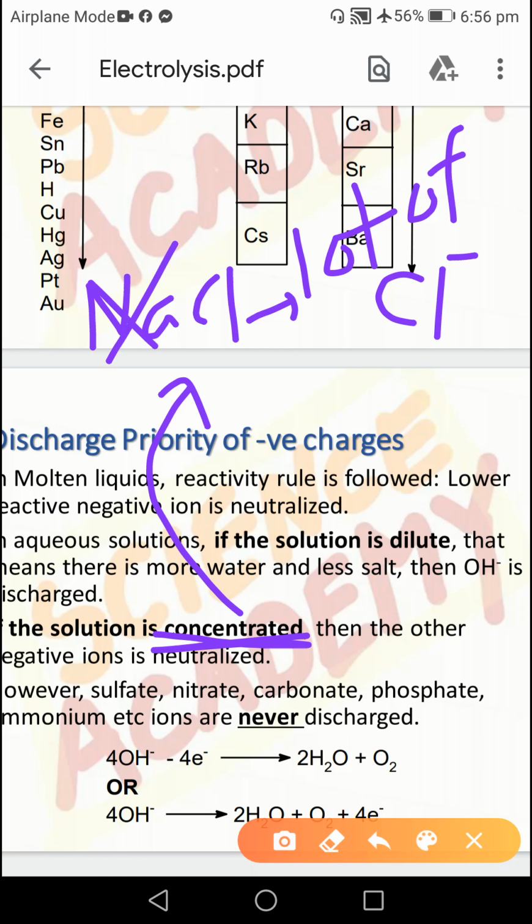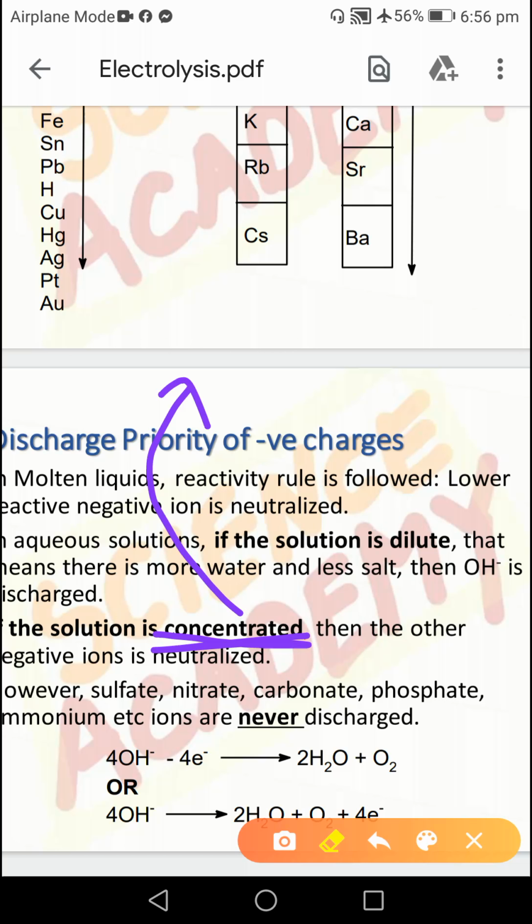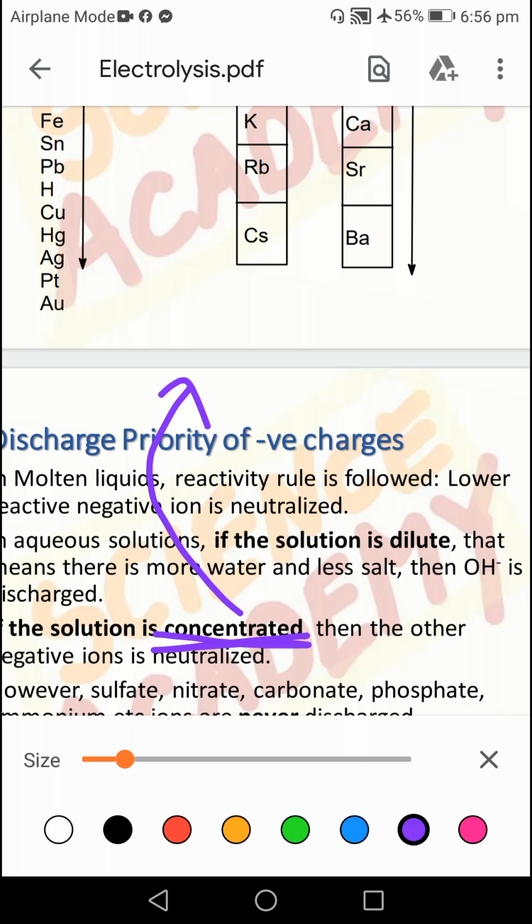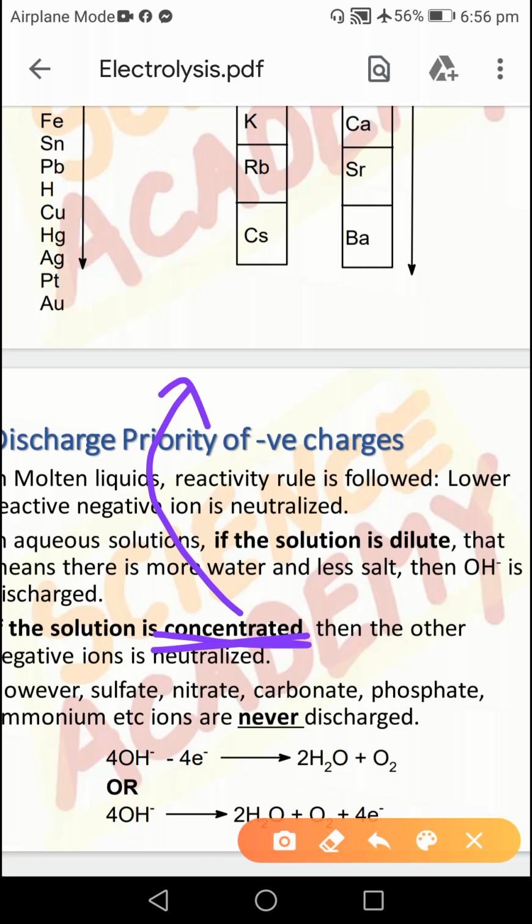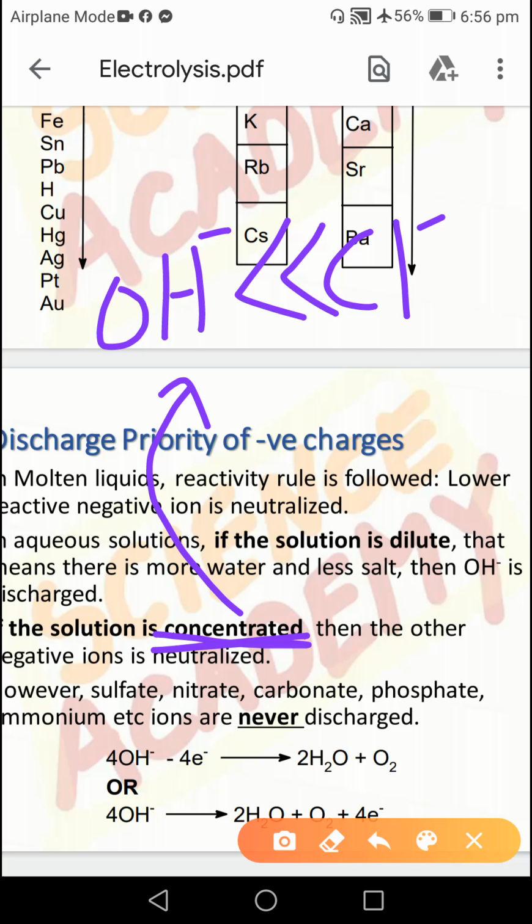So what happens is that in concentrated cases, the amount of OH minus is much less than the amount of Cl minus, isn't it?